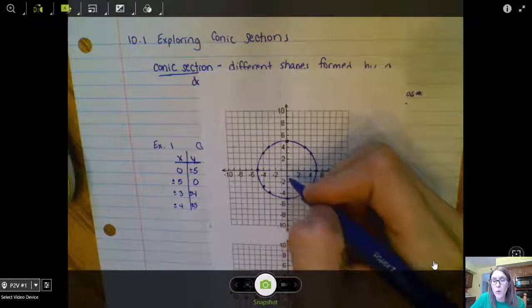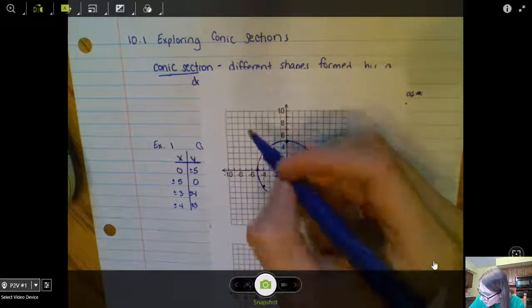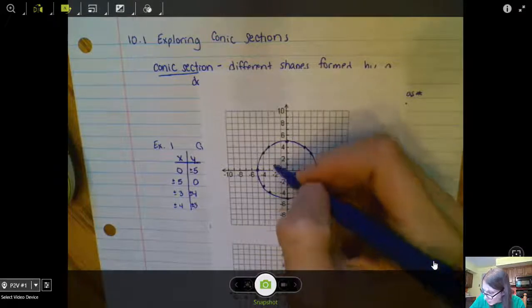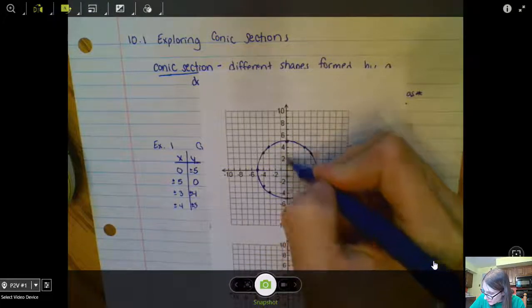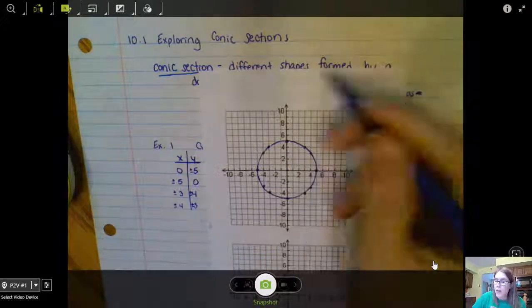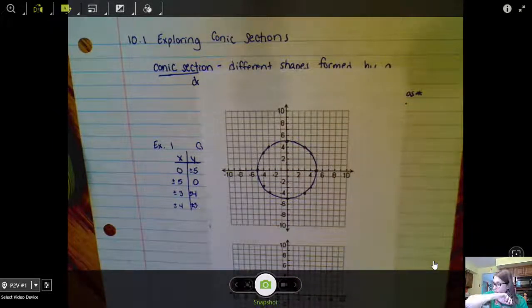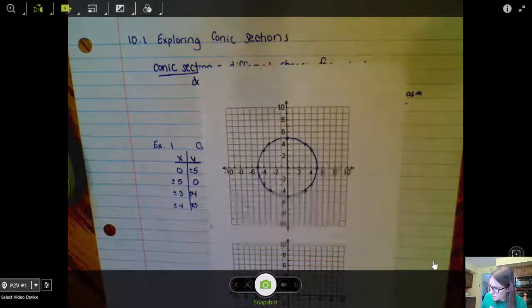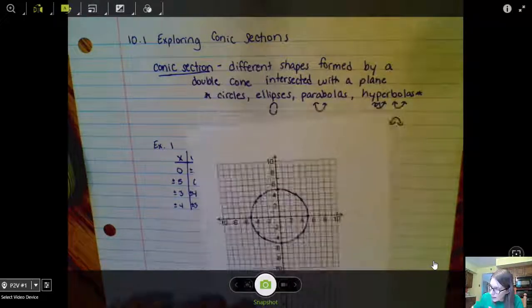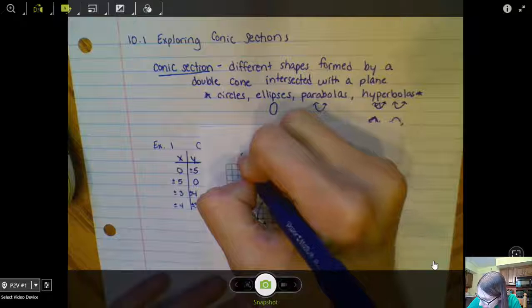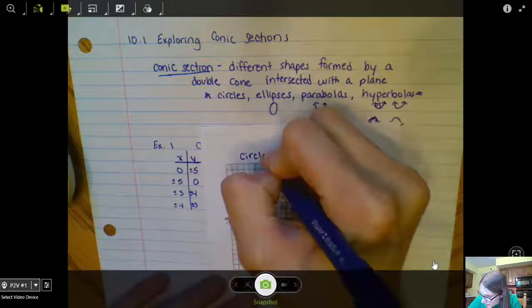Now, a couple ways I know it's a circle, or the biggest way I know it's a circle, is that my radius is 5. The center is 0, I go out to 5 each direction. That's the biggest way I know this is a circle. Okay, and I'm going to write a couple other things on my little graph paper here about my circle.